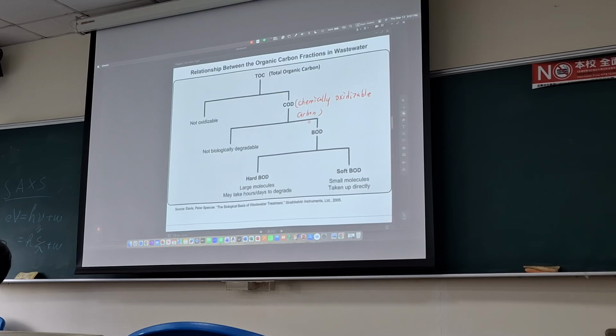Okay? And after that, we can separate into biologically degradable and not biologically degradable. So BOD stands for the biodegradable carbon.